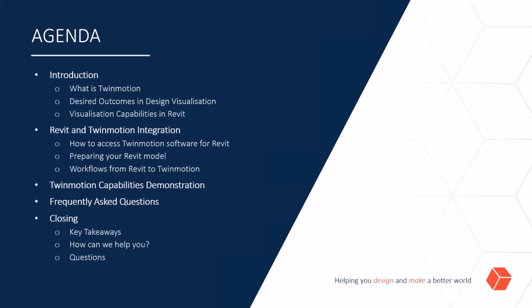And then we'll look at the main part of the webinar for today, which is the Twinmotion capabilities demonstration. We will look at external capabilities and adding in things like elements, materials, textures, and then we'll look a little bit at internal, or rather interior capabilities of Twinmotion and how that looks. Then lastly, we'll move on to frequently asked questions, and then just to closing, look at various parts of that.